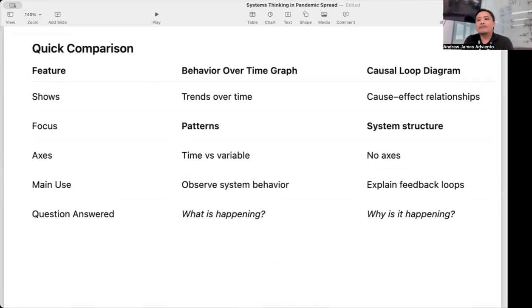Okay, so this one is a very good summary of the BOT and CLD in terms of their features comparison.